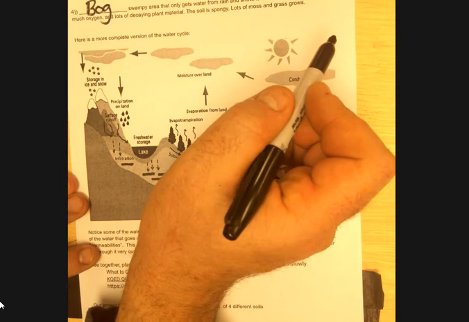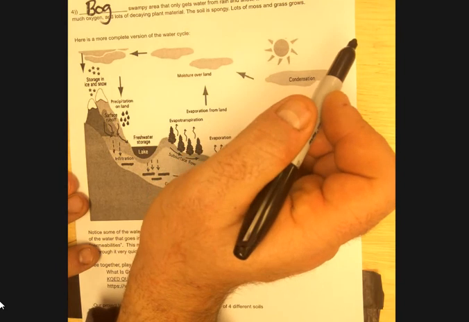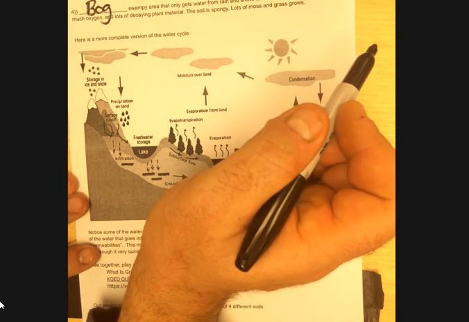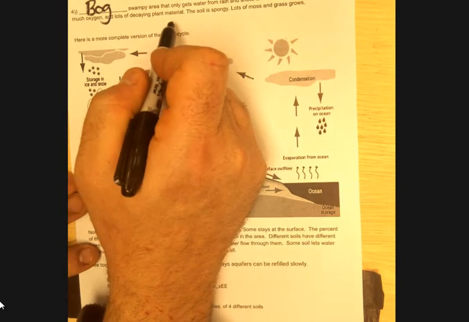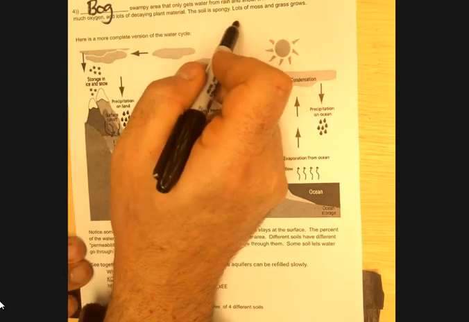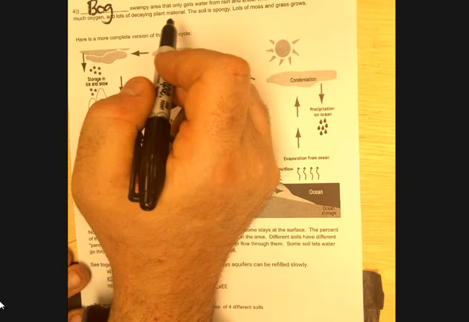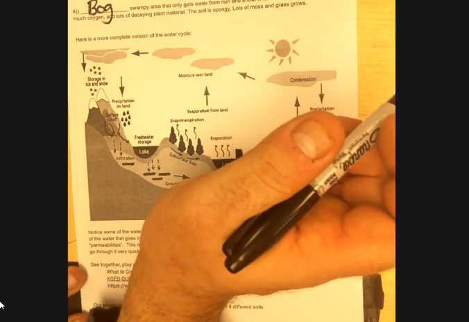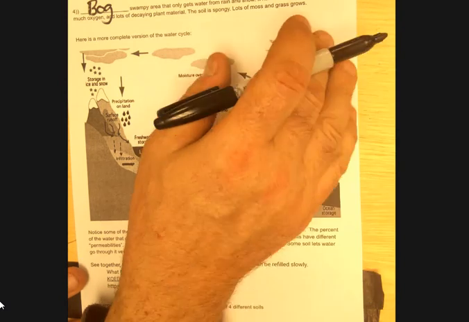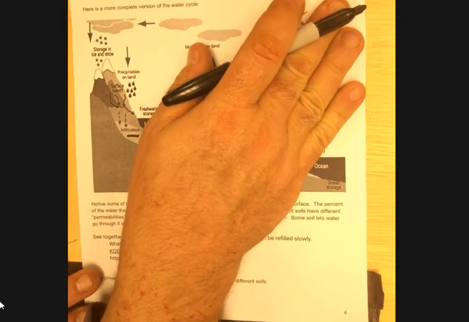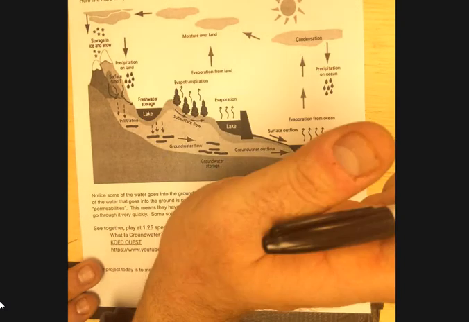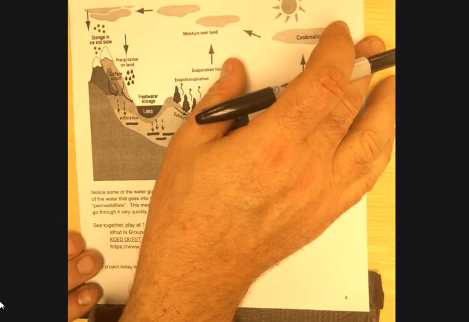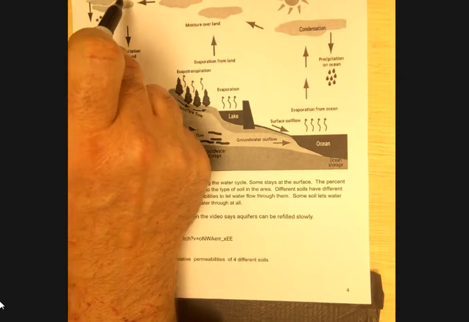It has mild acid in the soils, not much oxygen, and lots of decaying plant material. The soil is spongy, lots of moss and grass grows there. So this is kind of a distinctive environment with this bog, and so that's why it deserves its own name and park designations.